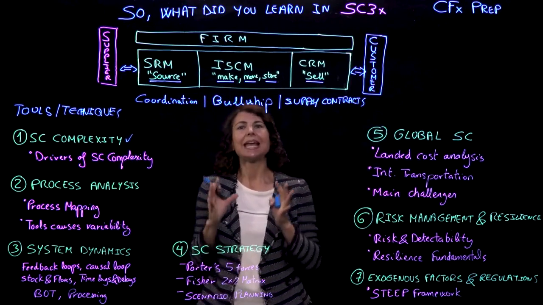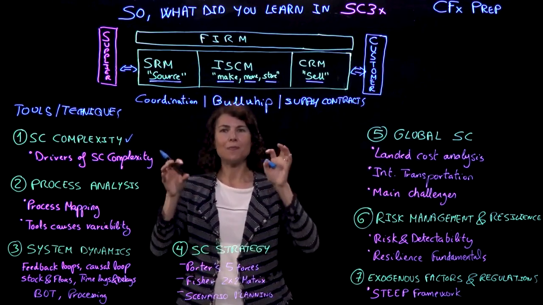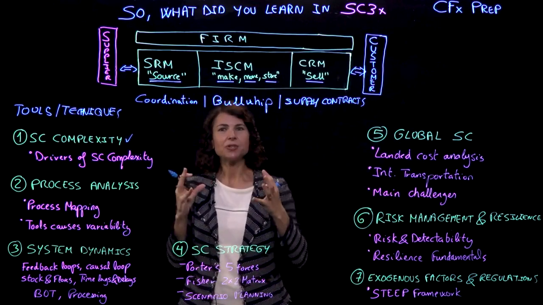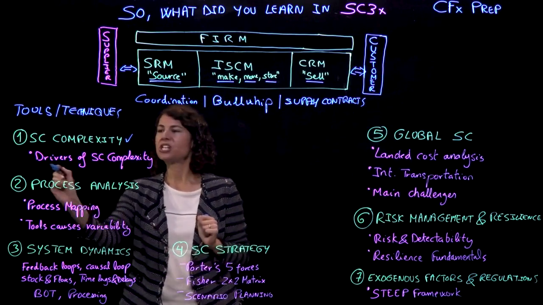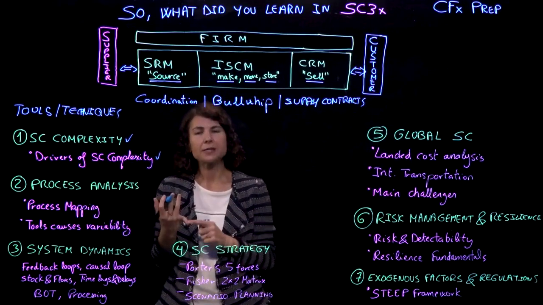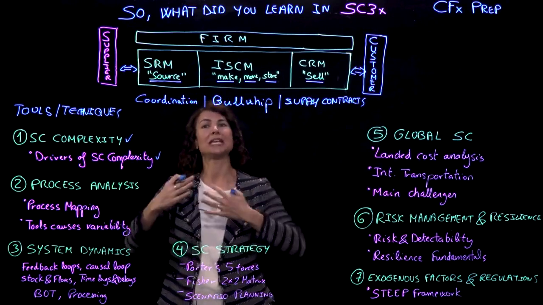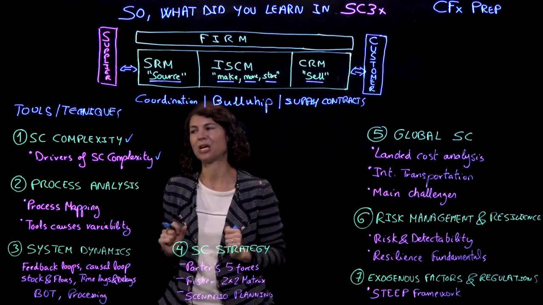Supply chain complexity adds cost. And we are talking about complexity when we have many different actors, and the relationships between these actors are not trivial relationships. We also identify here drivers of supply chain complexity. For instance, the number of products, the variety of these products, the number of interactions that we need to deal with. All of those are sources of complexity in a supply chain.